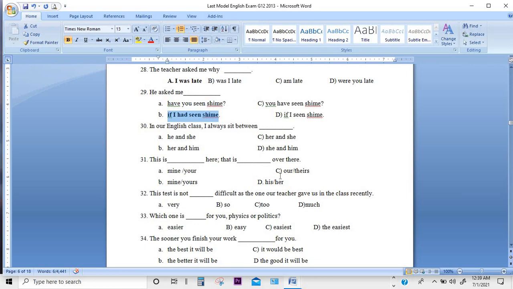So me, us, you, him, her, it and them are object pronouns.